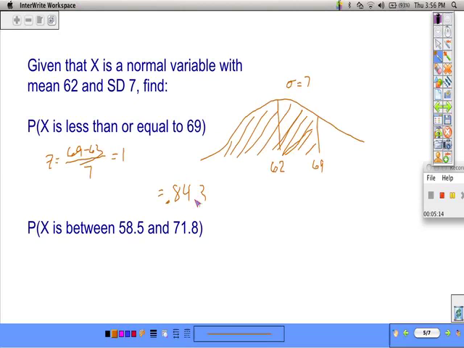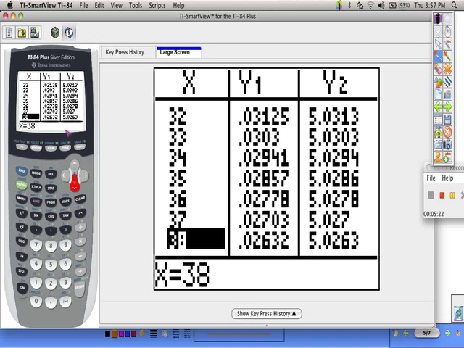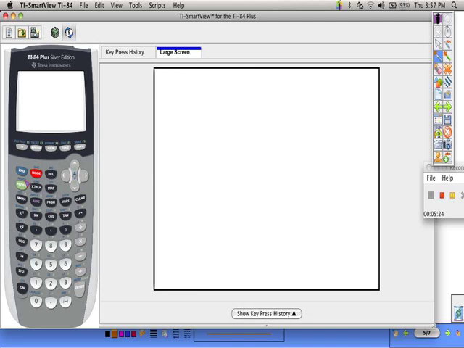And just to show you what we can do on the calculator, we find these commands again in the distribution menu, second, and then variables.